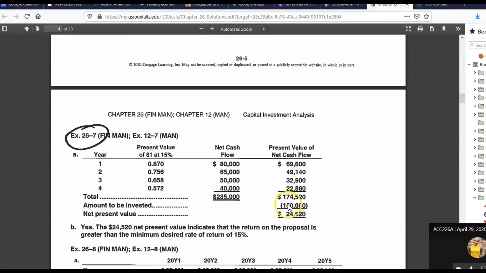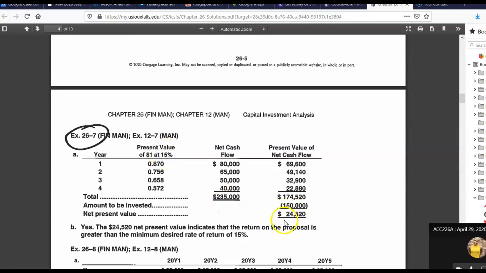Now, let's say that this was 200,000. Then this number is negative, and that means our cash flows based on 15% didn't get to a positive net present value. So we want to at least be at zero, where this would have been 150, this is 150, and this is zero. And if it is zero, that means we were spot on to our 15%.